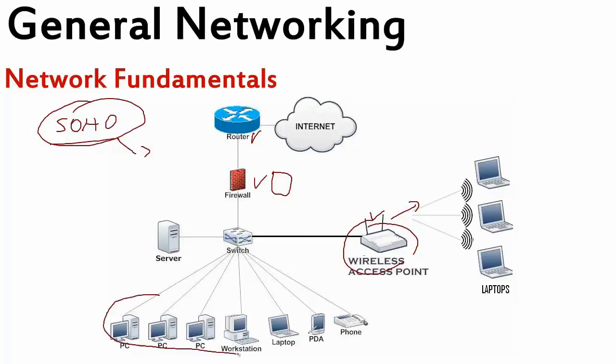Here, end devices with wired connections: laptops, printers, scanners, phones, and so on. This router is connected to the internet. It means here is your ISP, Internet Service Provider. That is for a small office.